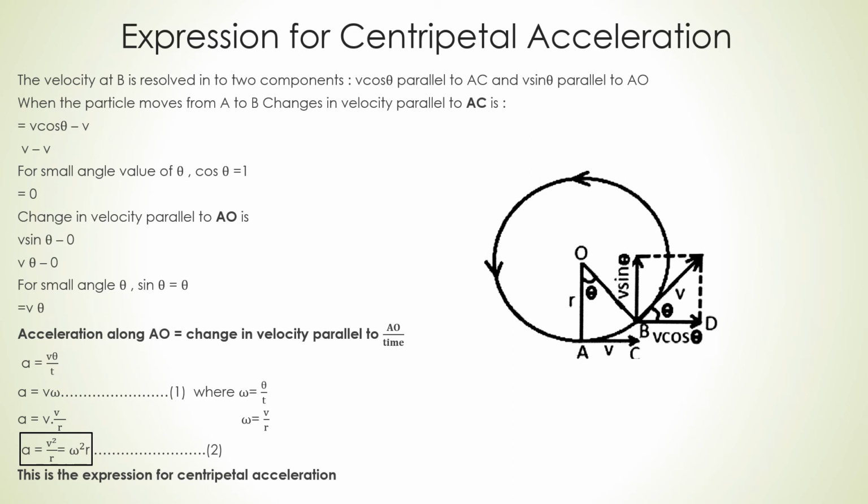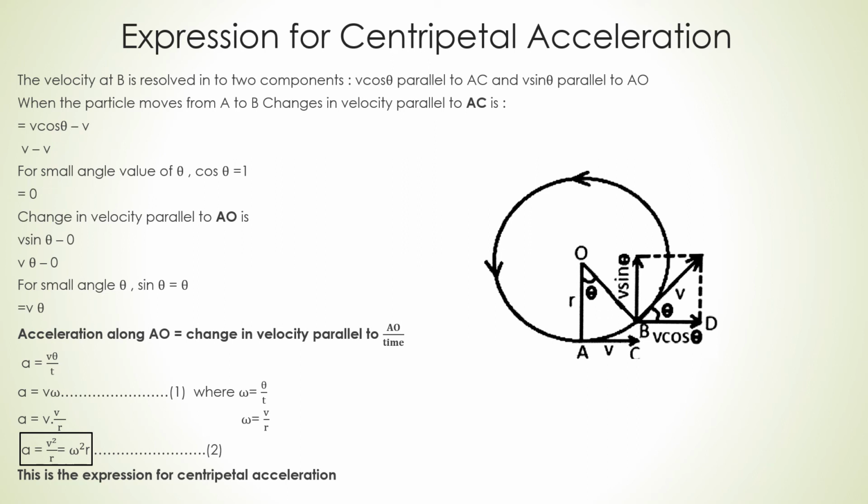Next, when the particle moves from A to B, the change in velocity parallel to AC we can write as v cos theta minus v. For a small value of theta, cos theta is equal to 1, so v minus v is equal to 0.